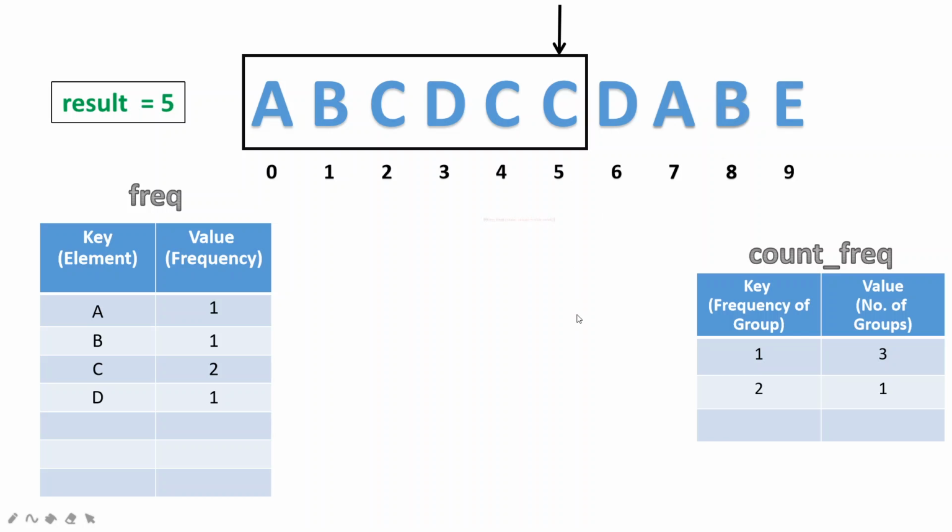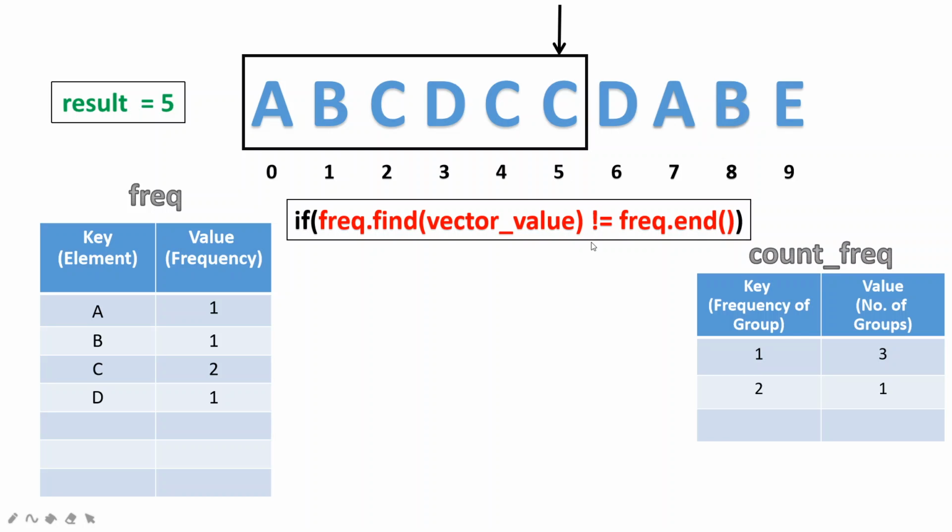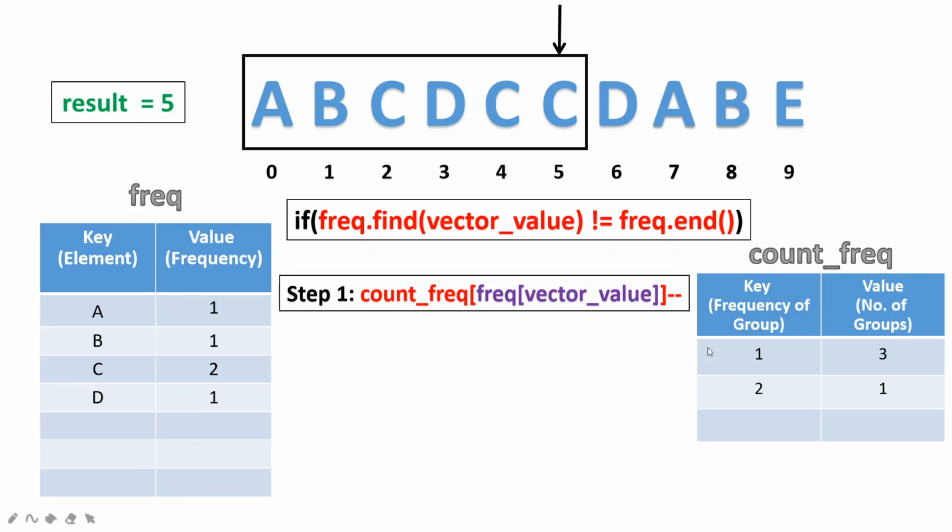Over here also, again, we figure out that the value C is actually present inside the first hash map. So the first step would be to decrement the corresponding element right here, the value. So the corresponding element for C goes from 2 to 1, then 1 becomes 0.